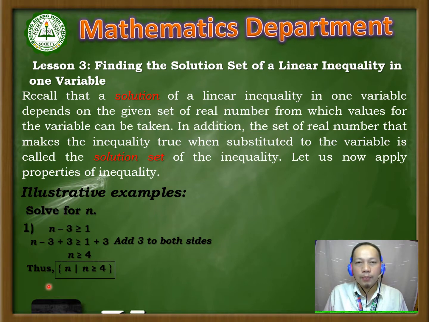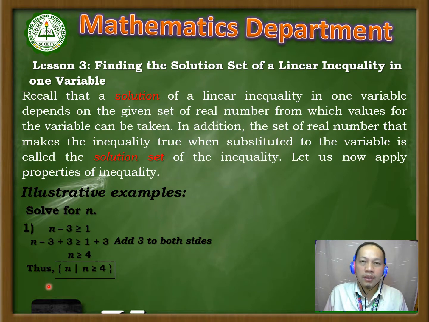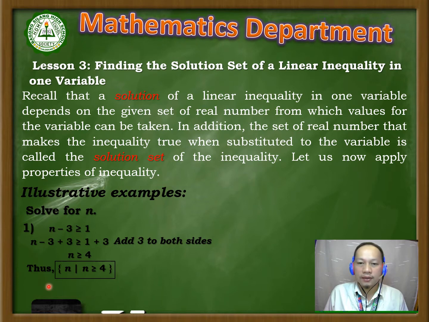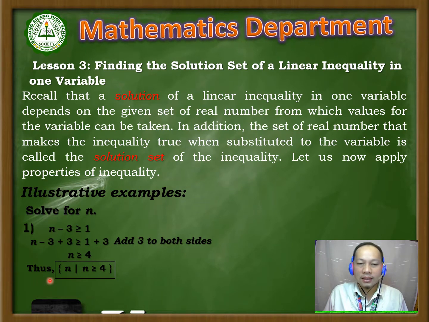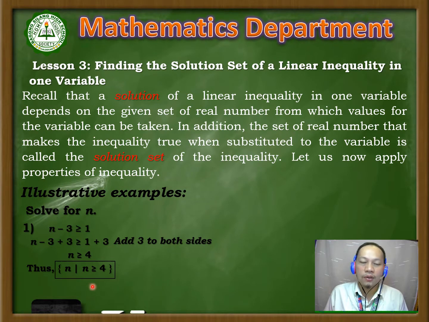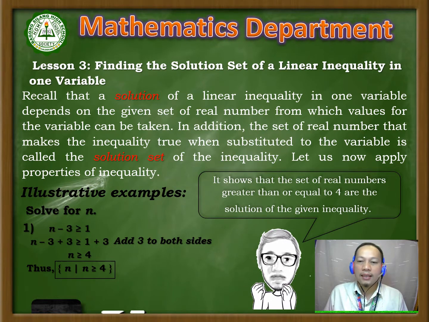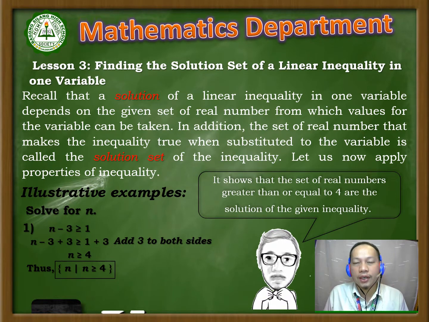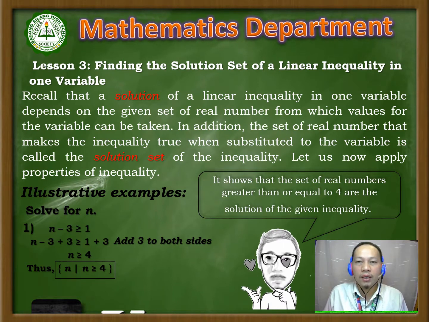But in our expectations, the answer should be in a set builder notation. So our conclusion will be n such that n is greater than or equal to 4. So it shows that the set of real numbers greater than or equal to 4 are the solution of the given inequality.